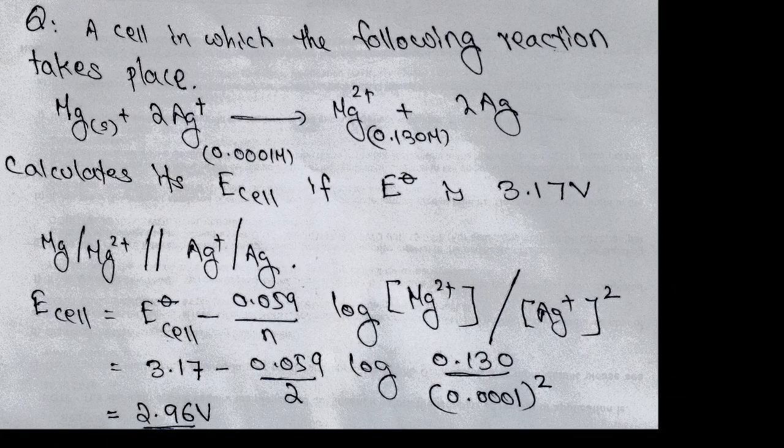Next question: a cell in which the following reaction is taking place, Mg plus 2Ag+ giving Mg2+ plus 2Ag. This is the equation. Calculate E cell for this chemical reaction. Here it is given the standard electrode potential for this reaction, it is 3.17 volt.